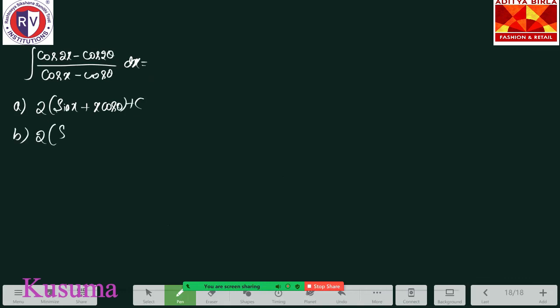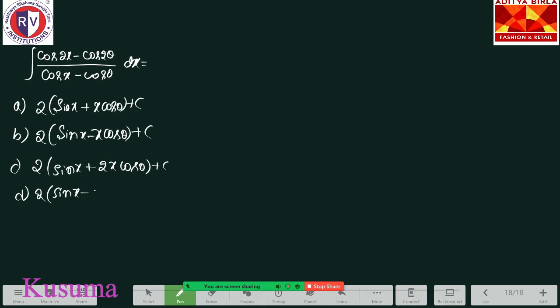Option B, 2 into sin x minus x cos theta plus c. Option C, 2 into sin x plus 2x cos theta plus c. And option D is 2 into sin x minus 2x cos theta plus c.